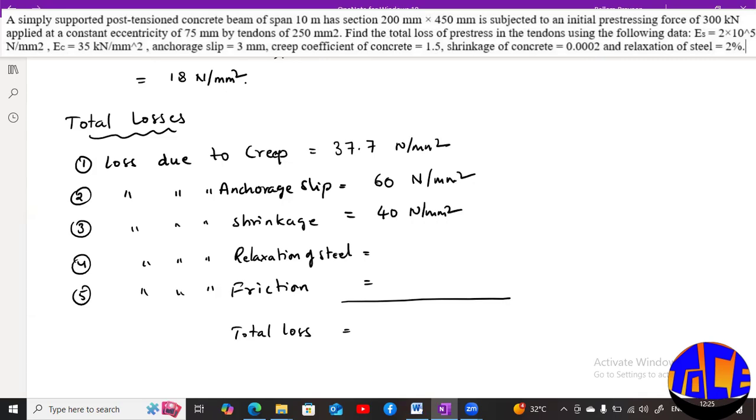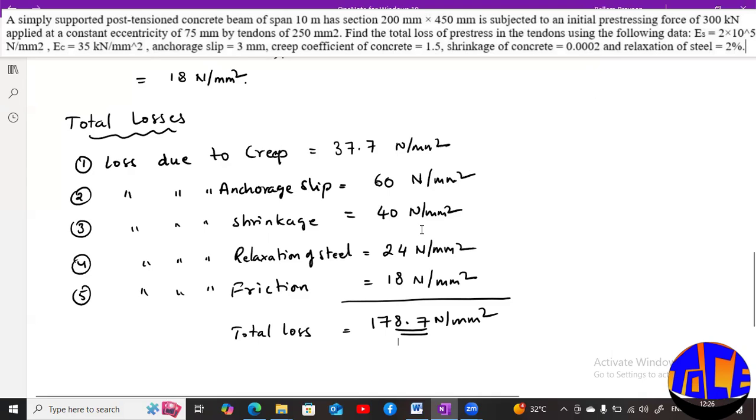Remember, loss due to friction. The total loss of tendon in post tension.